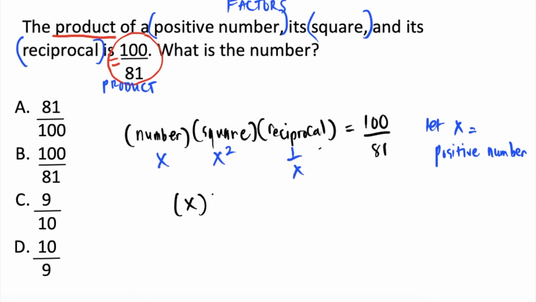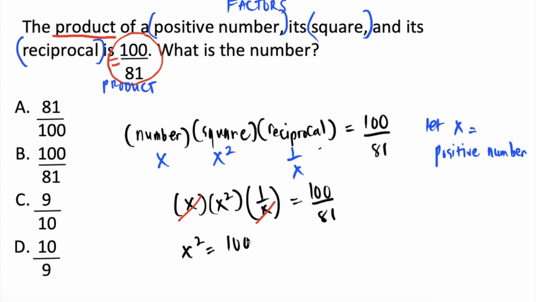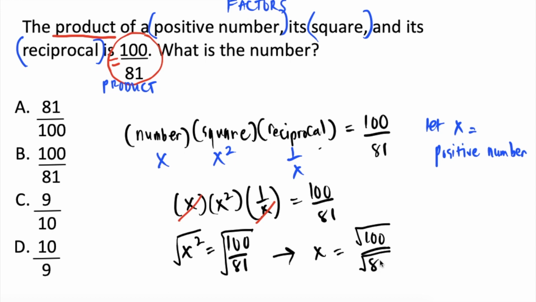So, finally, we will have x times x squared times 1 over x is equal to 100 over 81. Simplifying this, we will get x squared is equal to 100 over 81. Kunin natin ang square root ng parehong side. Okay, simplifying this, we will get x is equal to 10 over 9.